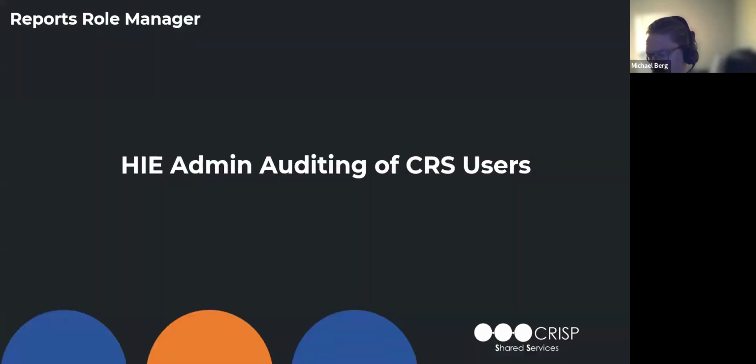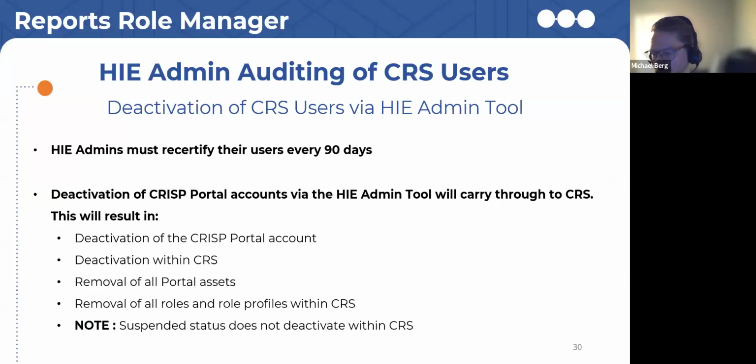All right. Speaking a bit on the integration of user management as a part of migration, I want to mention that for HIE admins in their work to certify users within that 90-day cadence, if they continue to certify, all access is retained, no changes.